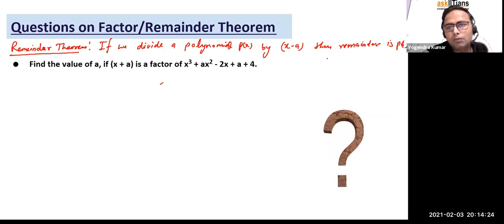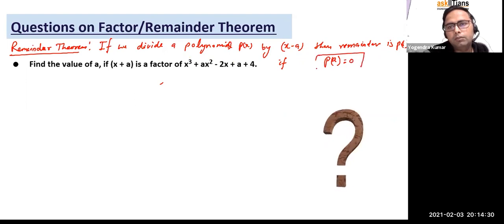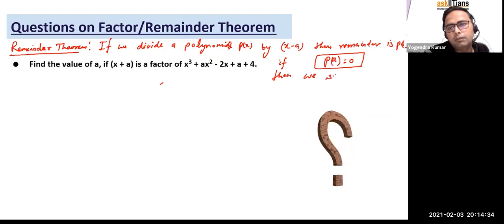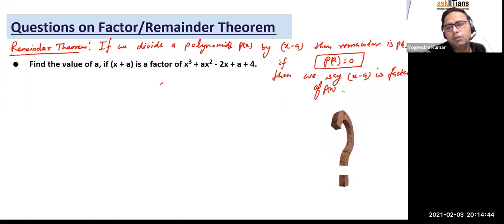Now, if this remainder p of a is equal to 0, then we say x minus a is a factor of p of x. This is what we have seen last class.